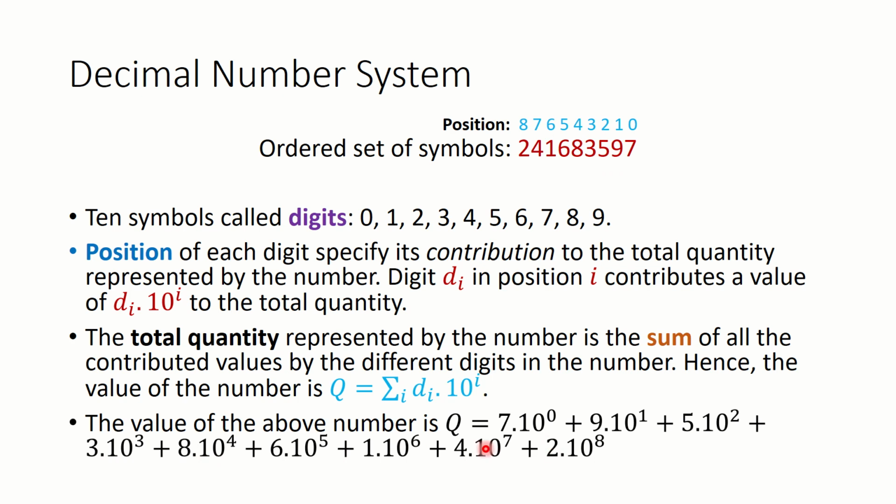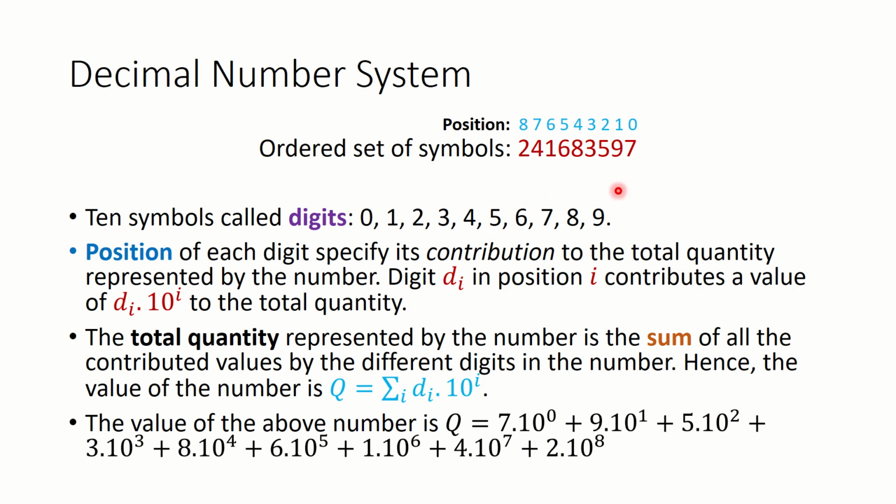In this way we cover all the digits in this number, starting from the rightmost digit and going towards the left, and when we have covered all the digits we simply stop. Then we add all these terms up, and that gives the total quantity represented by this particular number.